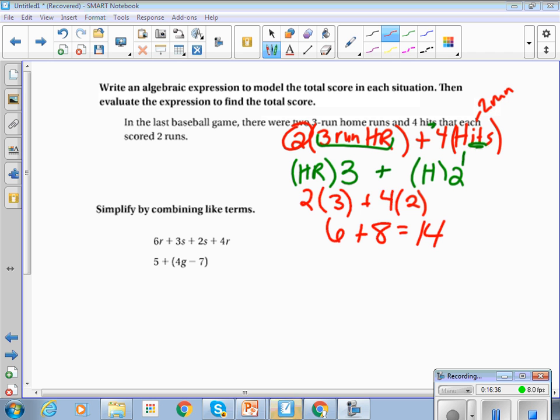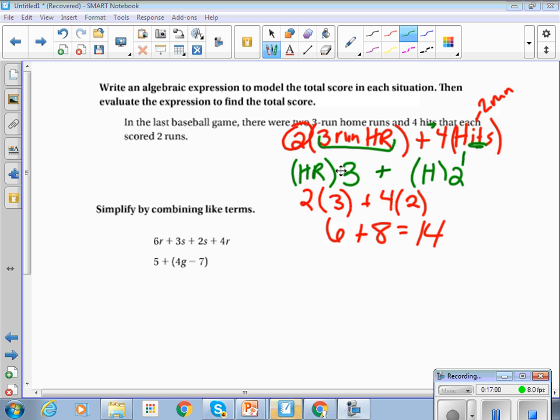So I got a whopping 14 runs in that game, in that scenario. So create the algebra. That's this part right here. And then evaluate it with the real numbers. I've kind of picked the hardest one that I knew you would encounter so that you can have that one in your notes.